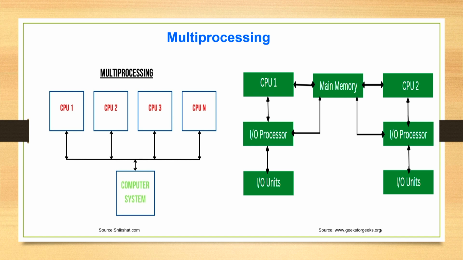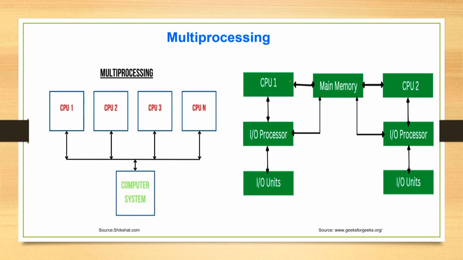Another one is multiprocessing. From the image you can conclude that it contains a number of processors in a system. What will it do here? From this diagram you can see CPU 1, 2, 3, 4 and n number of CPUs in the computer system.